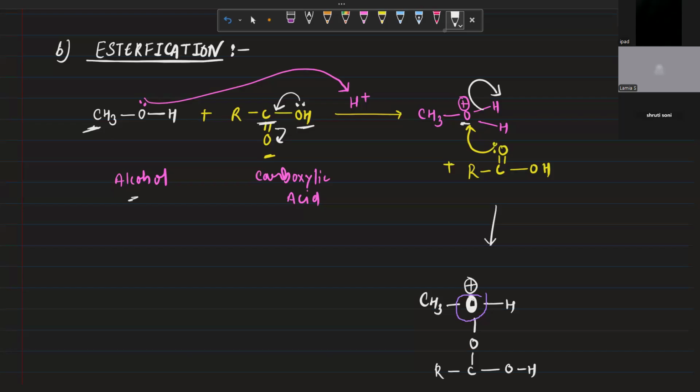Now I'm asking you whether the structure is correct or not. This oxygen will get positive, I think.